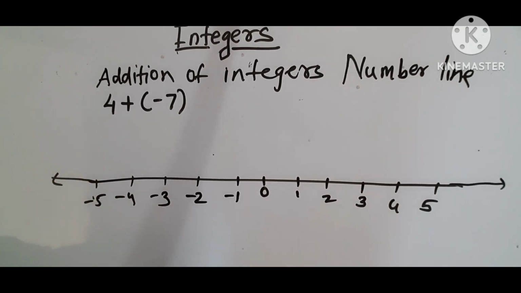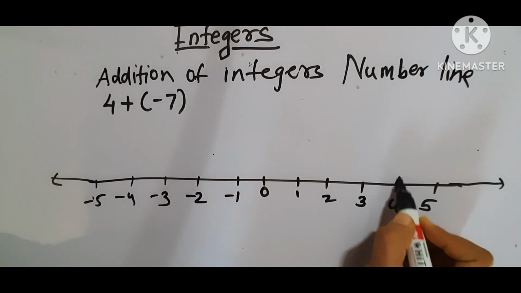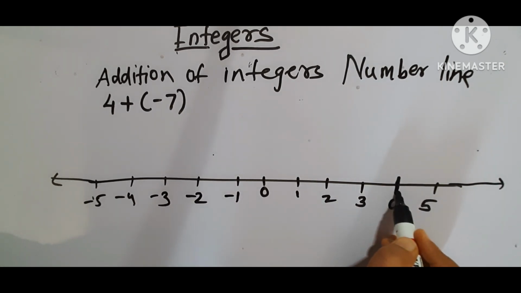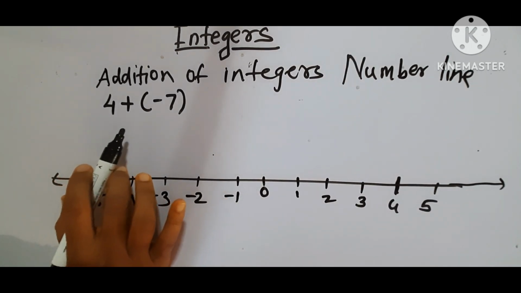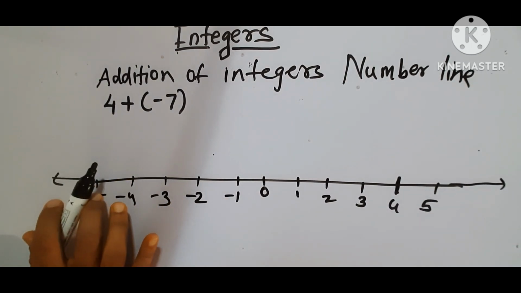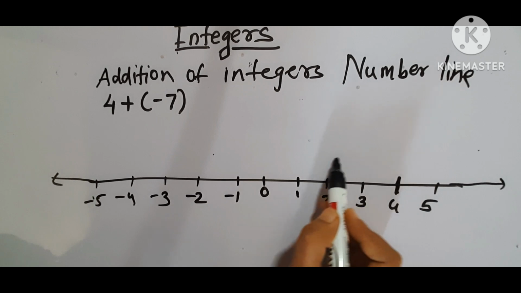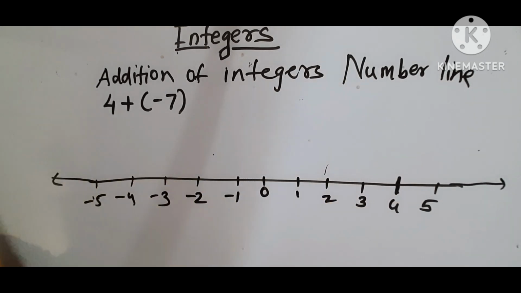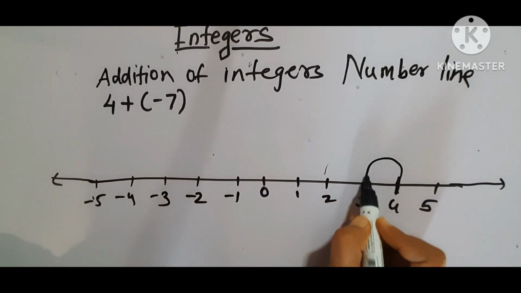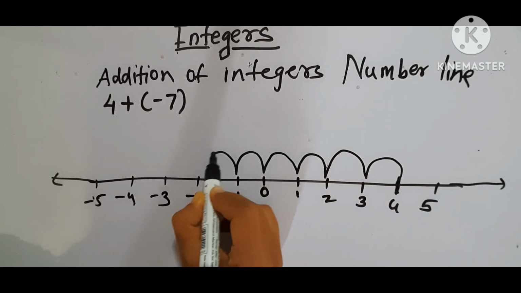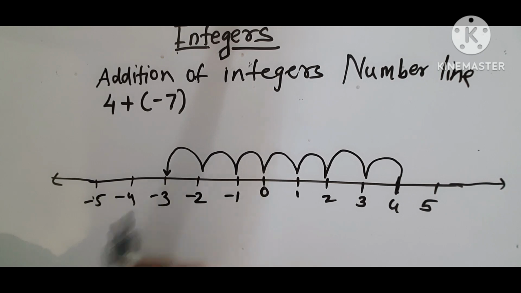Now first, we'll identify the value of 4 on the number line. Here we have 4. And now we have to add it with -7. So we will go 7 times to the left. So it will be 1, 2, 3, 4, 5, 6, 7.